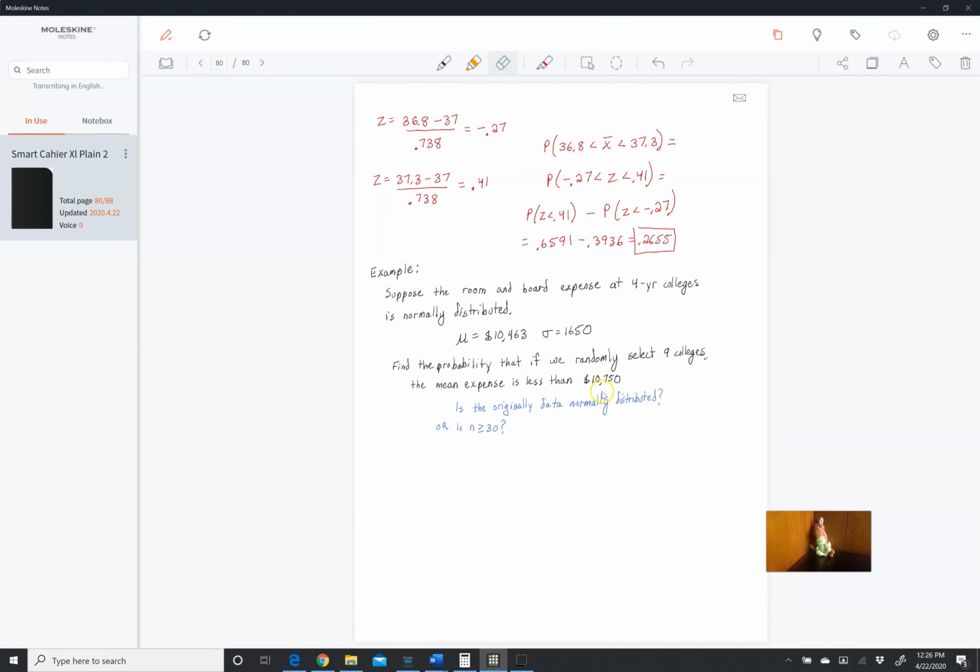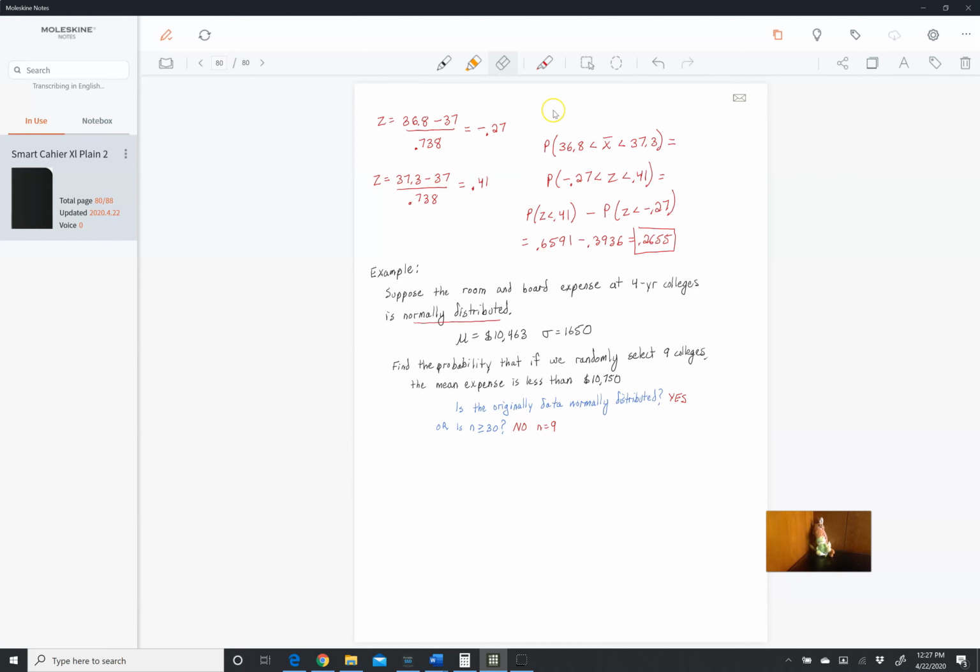Is the original data normally distributed? Yes, it says so. Notice this is how it will look. It will say it is normally distributed. So yes. Let's check the second, even though it's not necessary. N is not greater than or equal to 30. N is equal to 9. It doesn't matter because you said yes to the first one, so we can still go on.